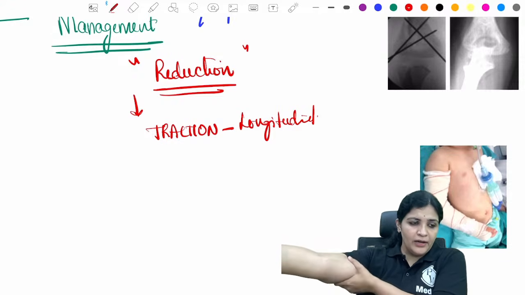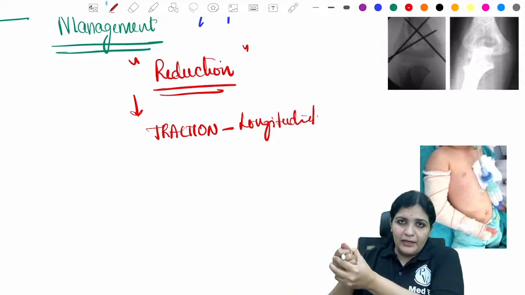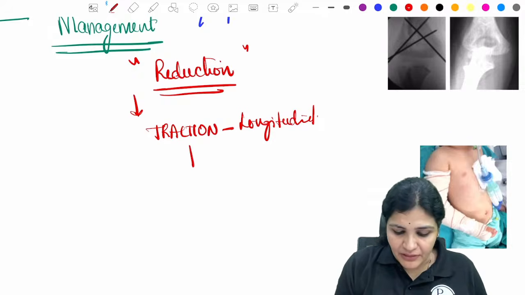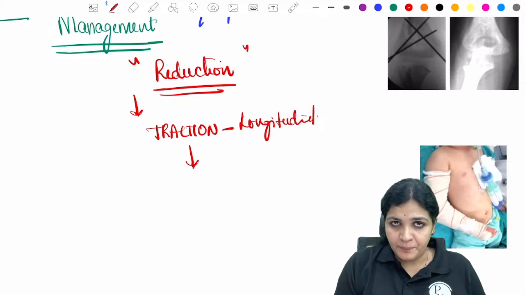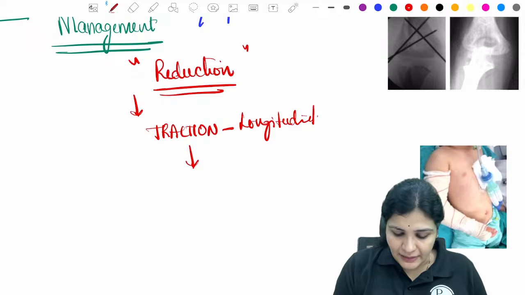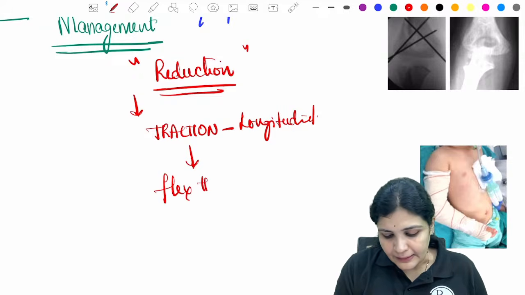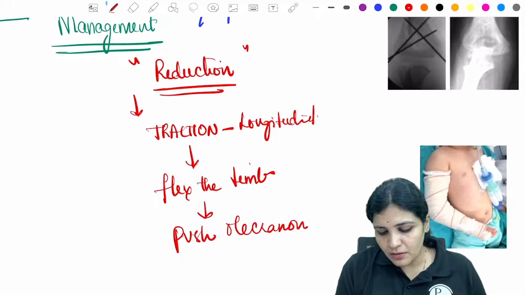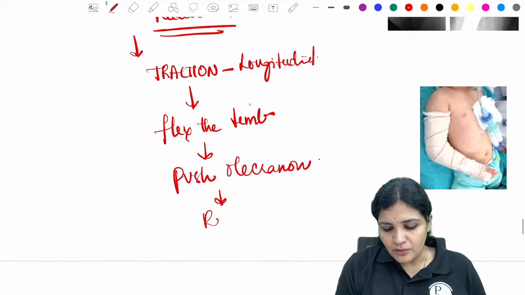You pull in longitudinal traction, and then after the traction is corrected, you will flex the limb, and then you will push the olecranon and reduce the fracture.